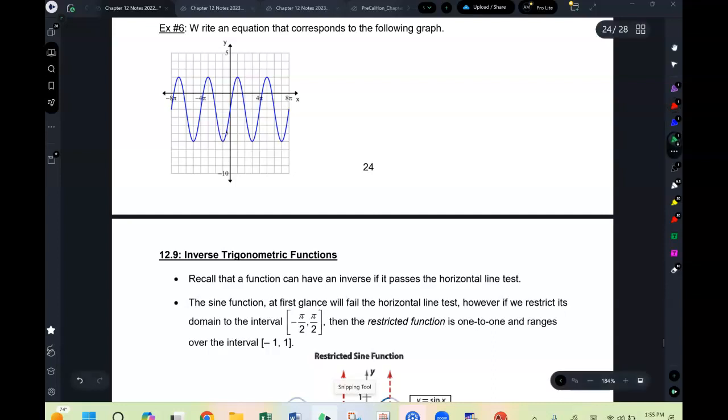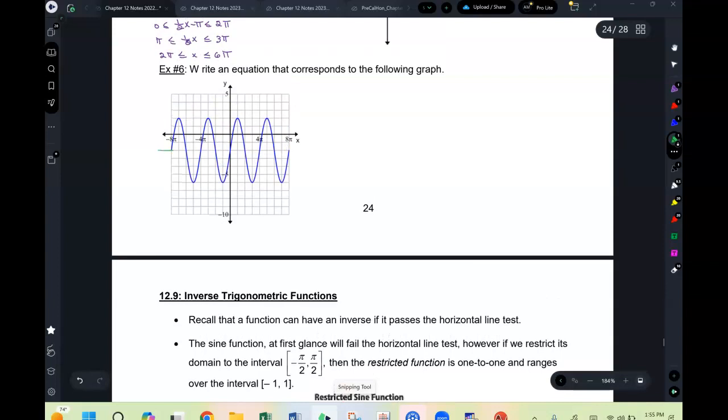So to do that, first thing you want to do is split the graph vertically, down the middle, like this. This helps you find two things. First, the amplitude.